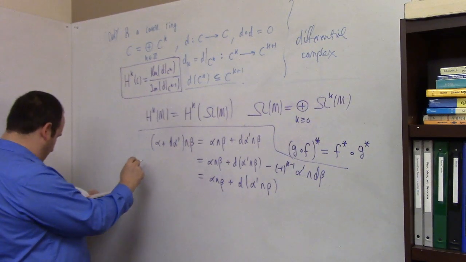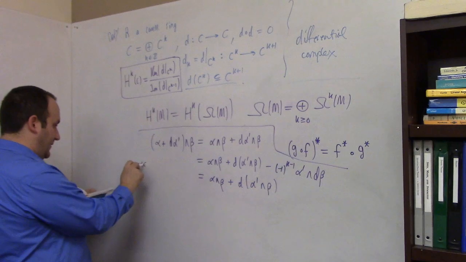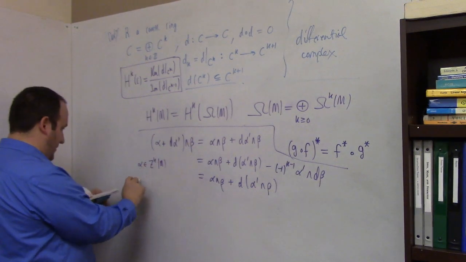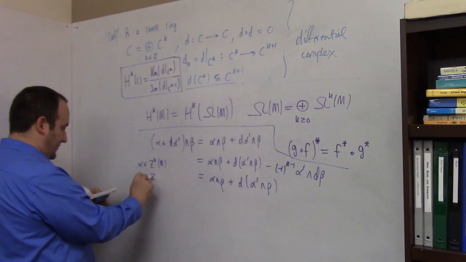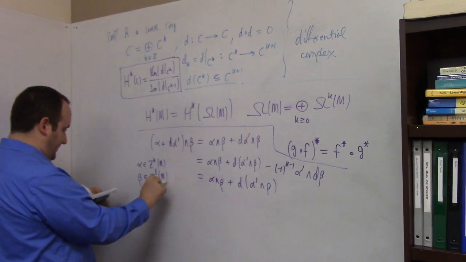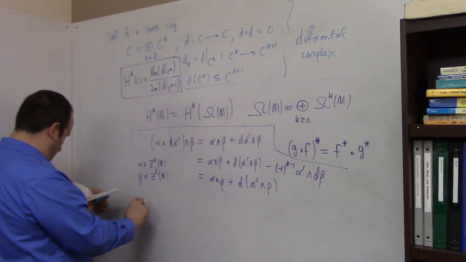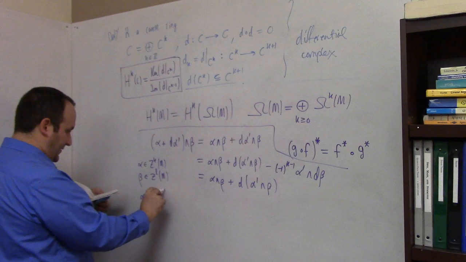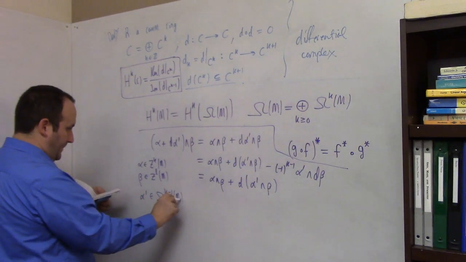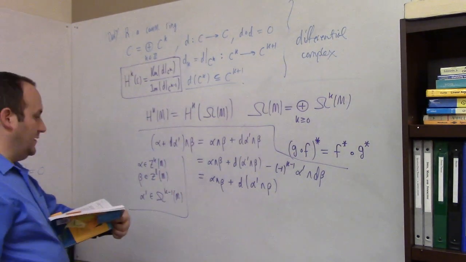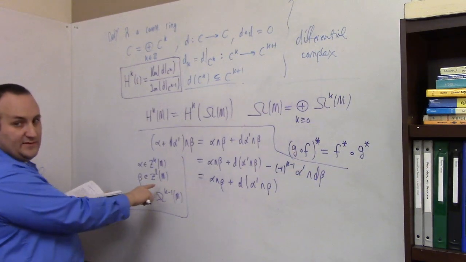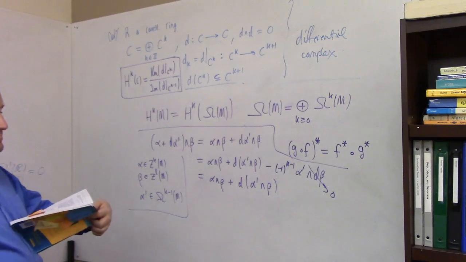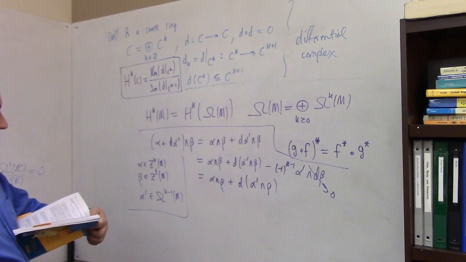So here we're supposing that we've got alpha, a K cycle over M, beta, an L cycle over M, all right? And alpha prime, an element of omega K minus 1. That's the context here, right? So if beta is an L cycle, that means that d beta is 0, right? And what does this calculation show you?